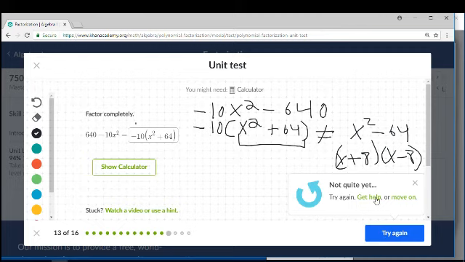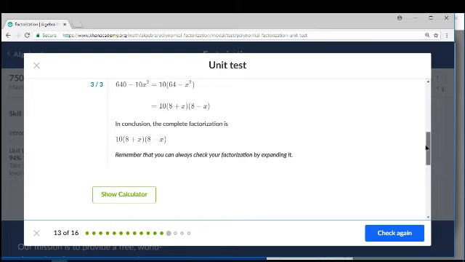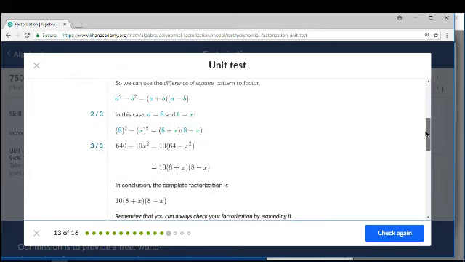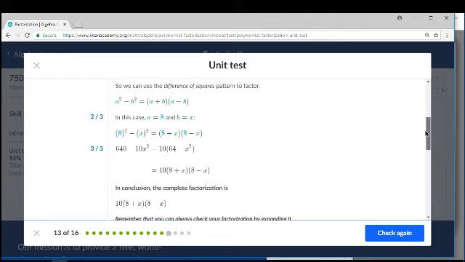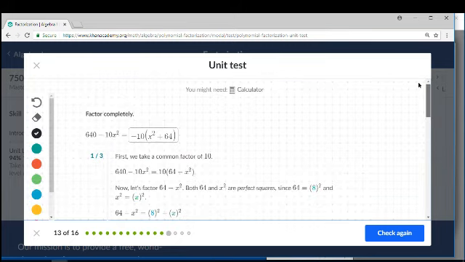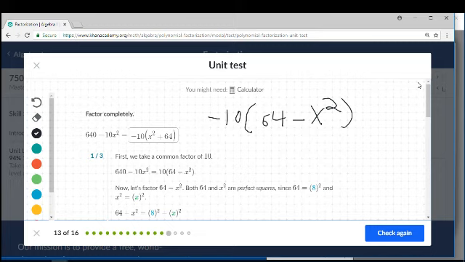All right, so I got one wrong again. Okay, by honest mistake, if I rewrote this as negative 10 and kept it in the same order as 64 minus x squared, it's actually, no, if I do negative 10, that would be negative 64 plus x squared, right?